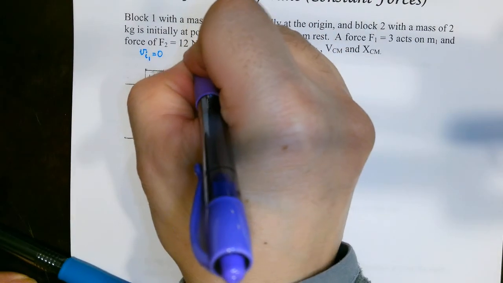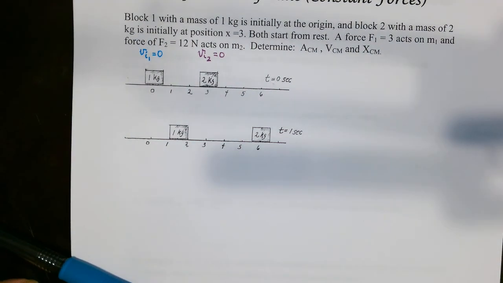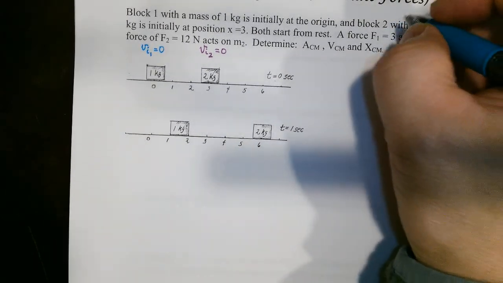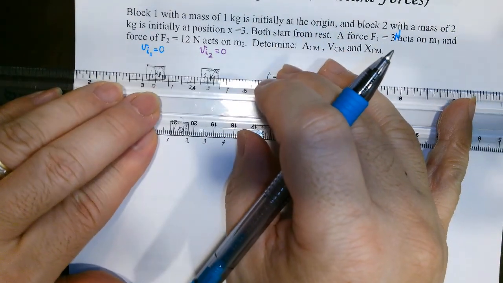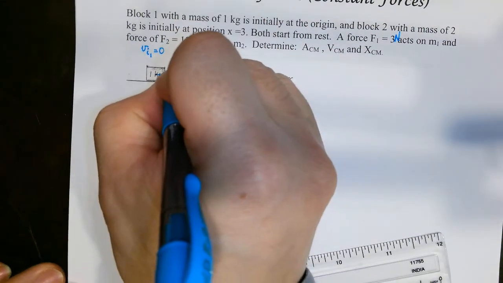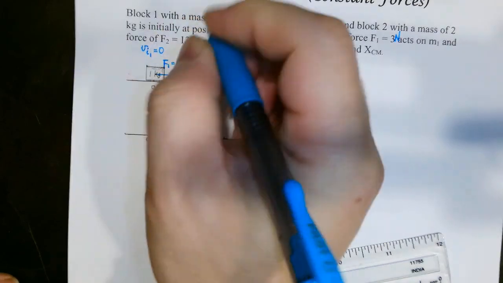And VI2 is also 0, okay? Now, force 1, which is acting on M1, is 3 newtons. It'd be nice to have some units down. So 3 newtons of force is acting on M1. So my F1 is equal to 3 newtons.